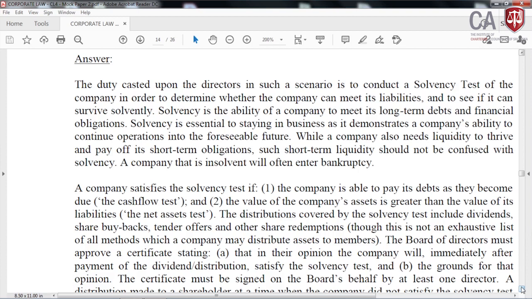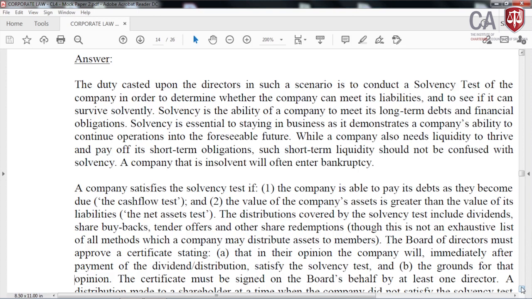Solvency is the ability of a company to meet its long-term debts and financial obligations, so that when you conduct a solvency test, you can be confident whether the company can run for the next year and likewise successive years. Solvency is essential to staying in business as it demonstrates a company's ability to continue operations into the foreseeable future.